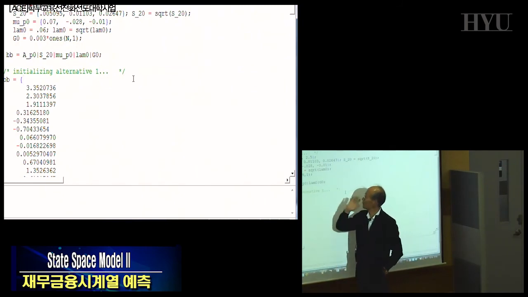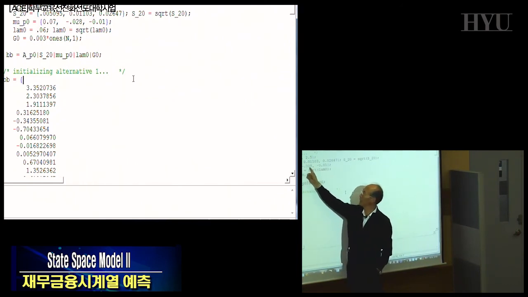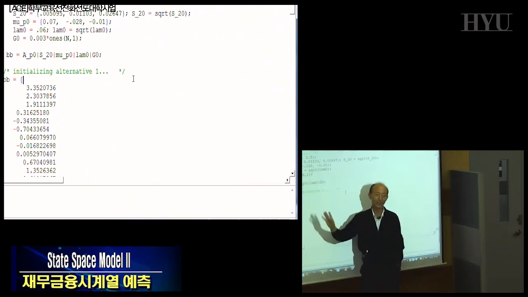So I believe that the historical slope, when I calculated that, was about 0.028. And I tried that as an initial guess, and it fails. It fails.